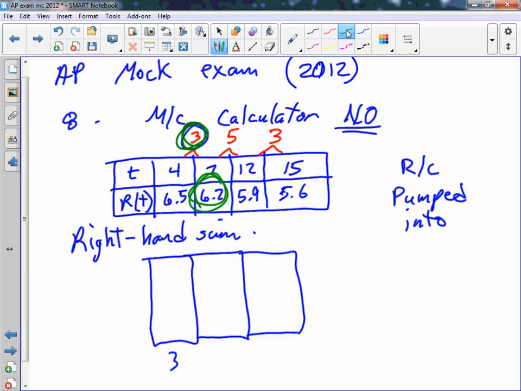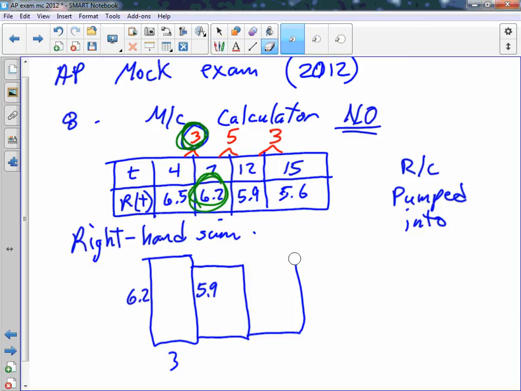So this first rectangle will be 6.2, will be its height, and then the next one, we go down a little bit, its height is 5.9. And then the last one is even lower. It seems like that pump is starting to poop out. That's 5.6. This is a width of 3. This is a width of 5. Okay, so there's our right-hand sum.